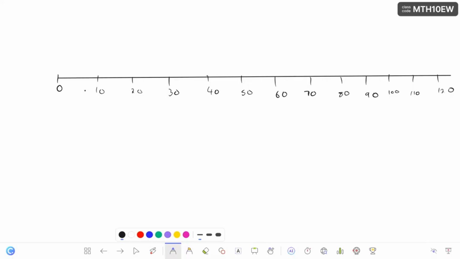So okay, we have a minimum of what? 5. Let me write with blue, 5. And then we also have a maximum of what? 120.